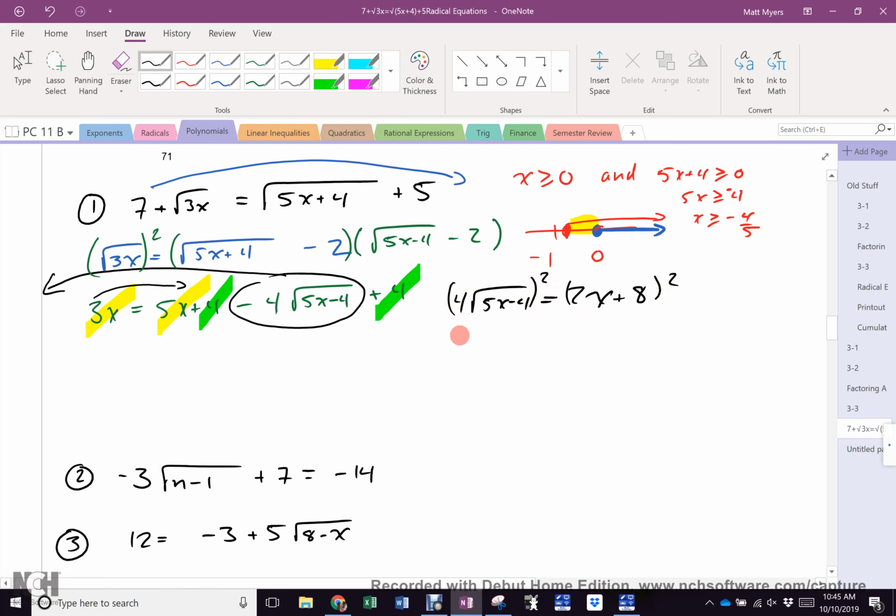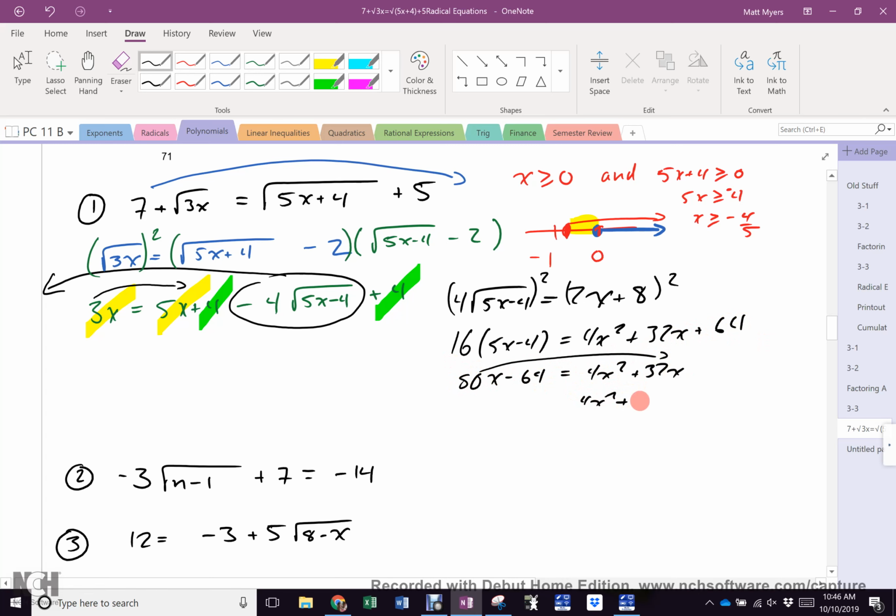So you end up with 16 times 5x minus 4 equals 4x squared plus 32x plus 64. Then you would do this: 80x minus 64 equals 4x squared plus 32x. I bring that over.